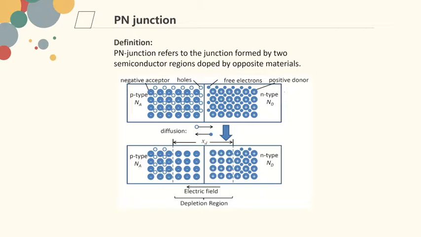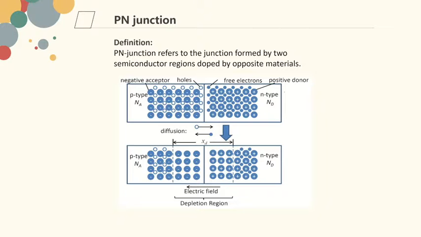When the p-type materials and the n-type materials are joined together, the mobile charge carriers tend to diffuse from high concentration area to low concentration area. The holes in the p-type side diffuse to the n-type side. Similarly, mobile electrons will diffuse from the n-type region to the p-type region.